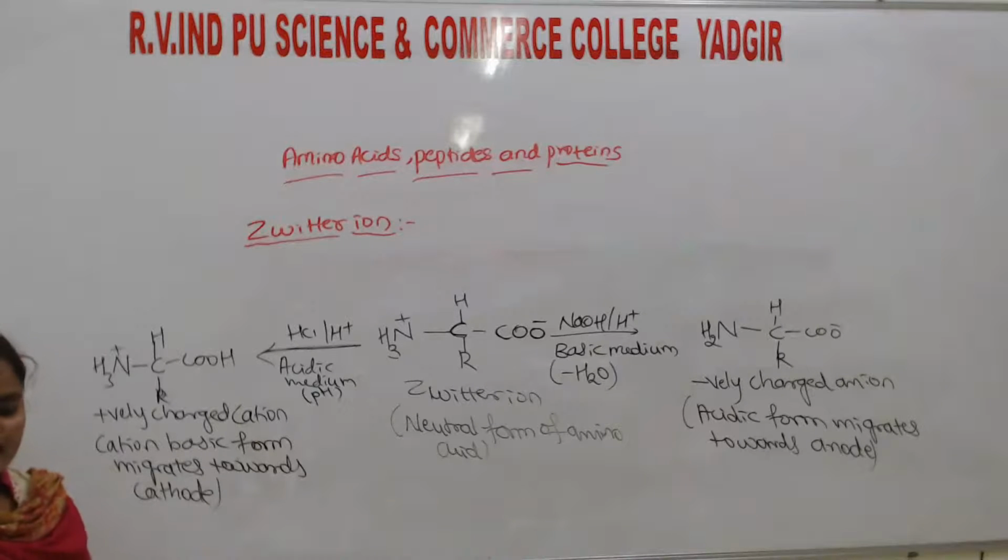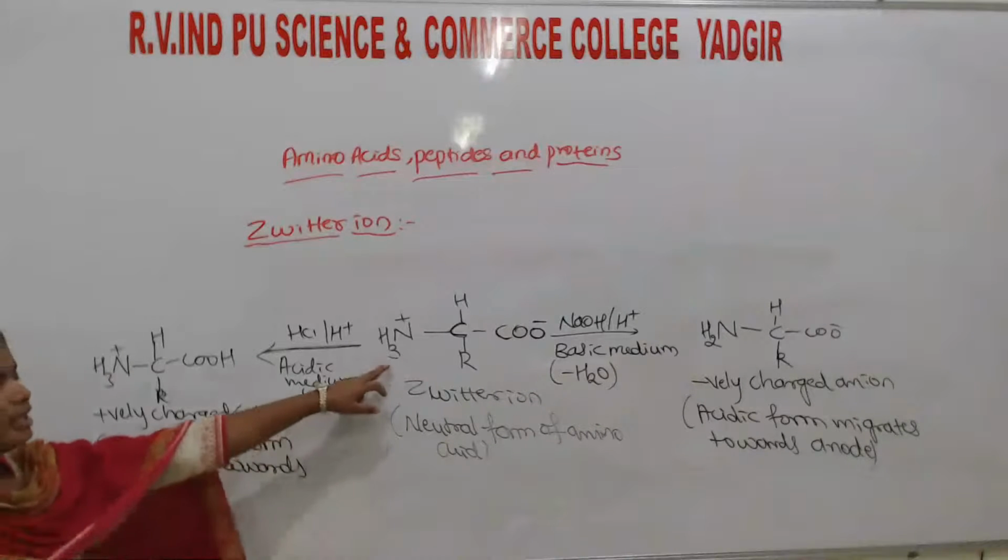When this ionized amino acid solution is kept in an electric field, the basic form migrates towards the cathode, and the acidic form migrates towards the anode. The neutral zwitter ion will not migrate.